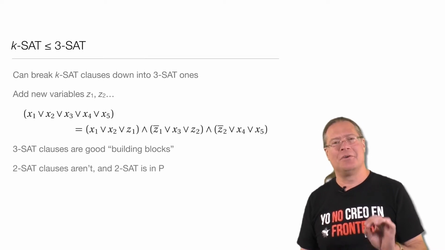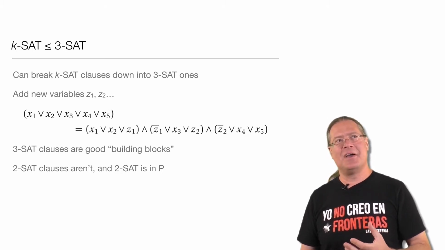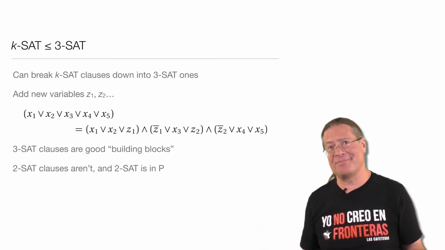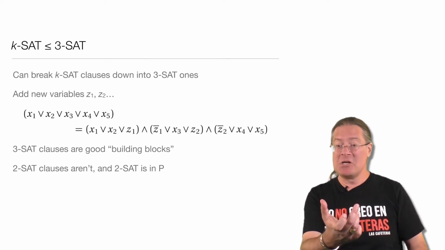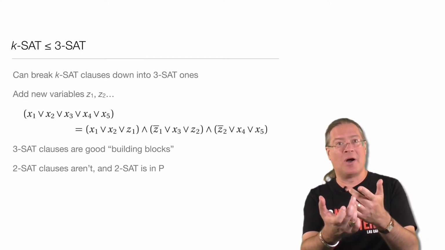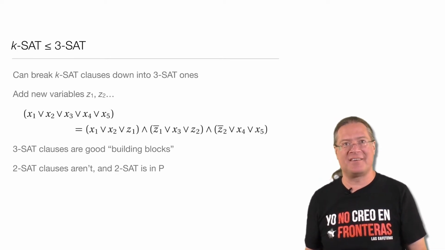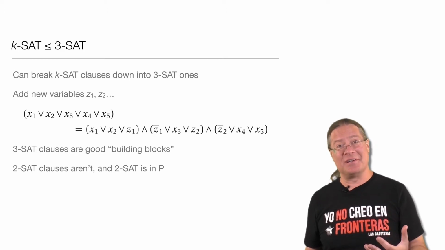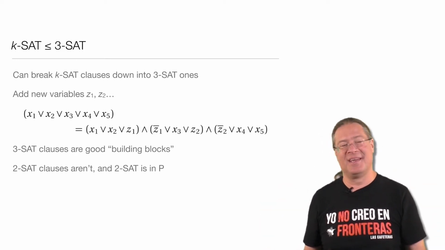Interestingly enough, 2-SAT clauses aren't. Let's say you go to the hardware store, they're out of 3-SAT clauses, all they have is 2-SAT clauses. Little things that just say things like, X is true or Y is true, or X is true or Z is false, only 2 variables at a time. These building blocks just aren't good enough to build more complicated logical relationships.